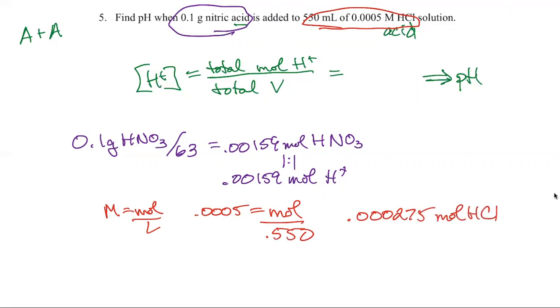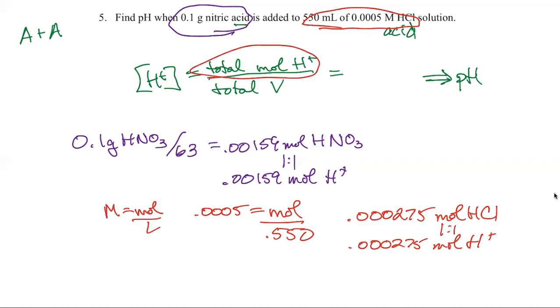Moles of HCl, 0.000275. My mole ratio is again 1:1. So my moles of H plus from that source are the same as the moles of HCl because of the 1:1 ratio.